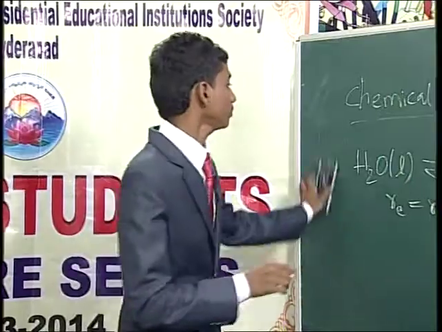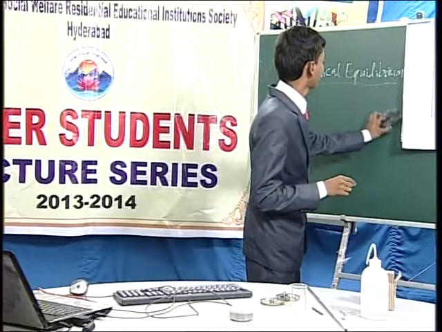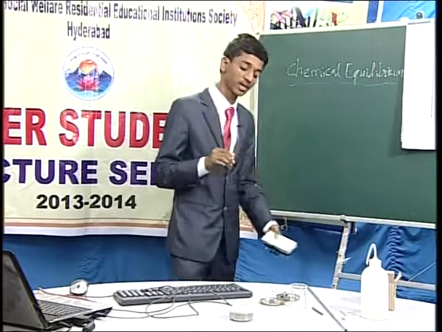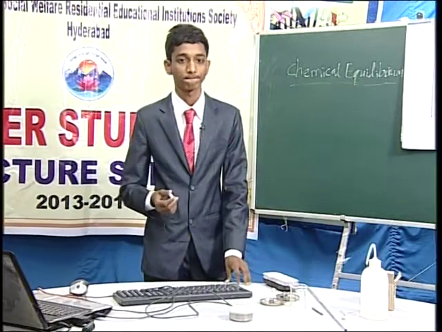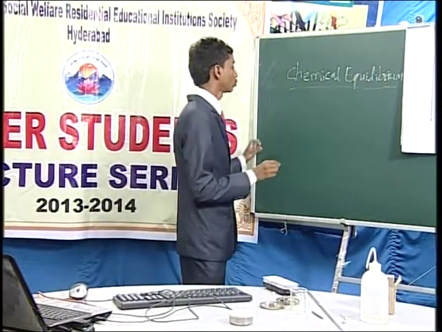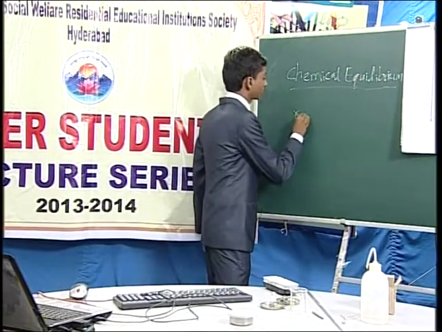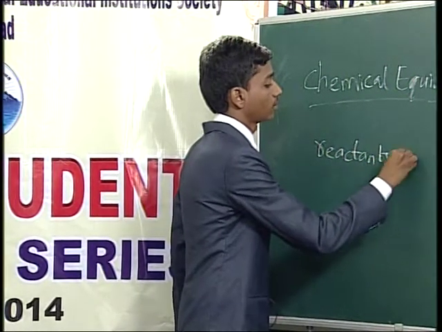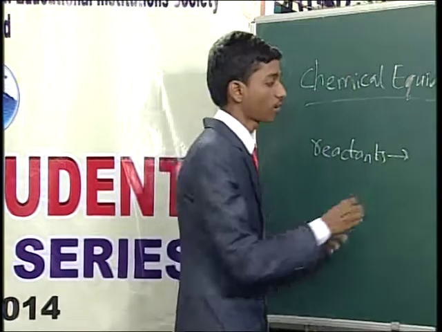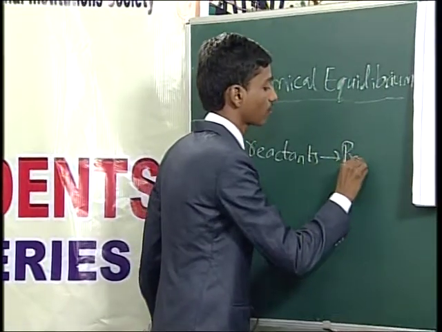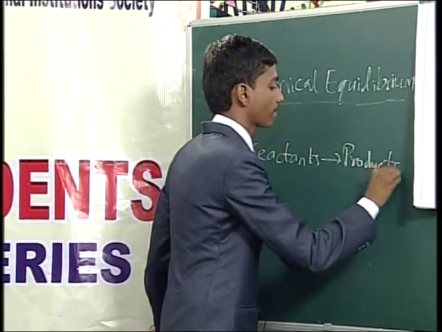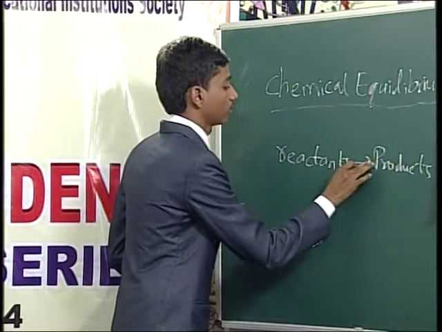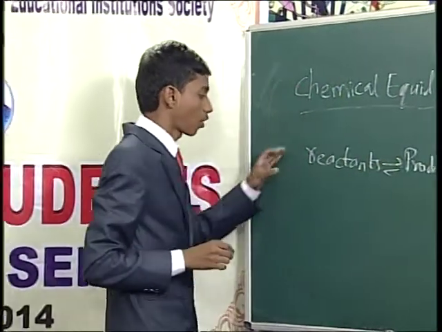Well, equilibrium can occur both in physical as well as in chemical processes. Suppose some reactants are reacted together in a closed vessel and they form products. What will you observe?